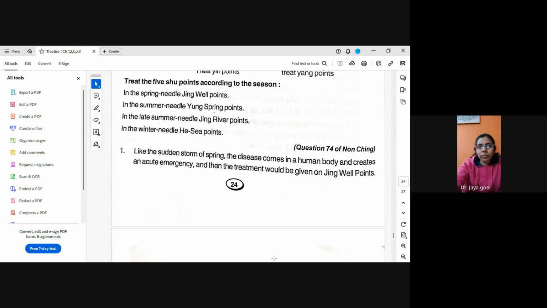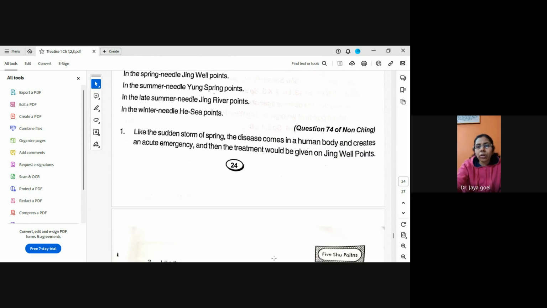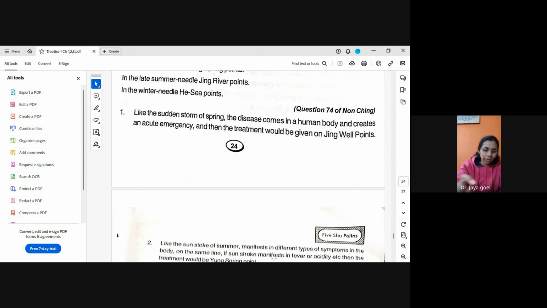Like sudden storm, a spring disease comes in the human body and creates an acute emergency. We treat the Jing-well point because of the acute emergency.